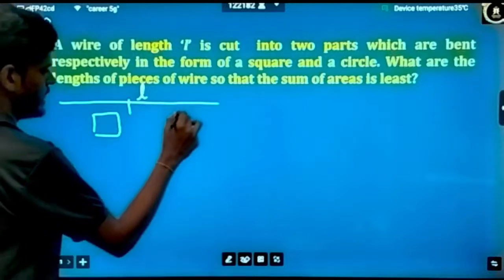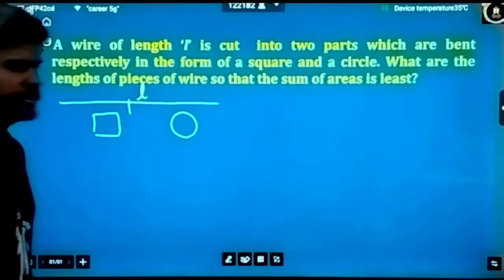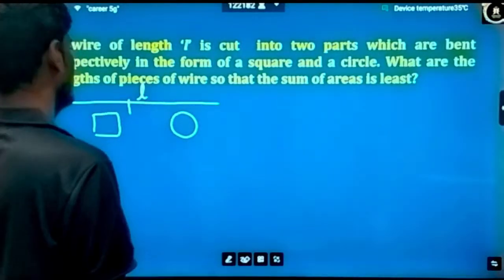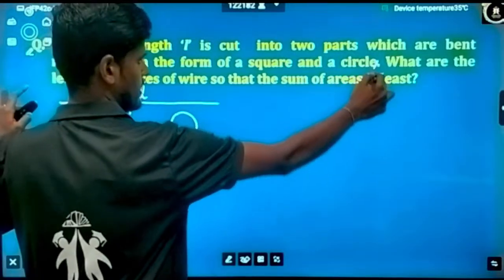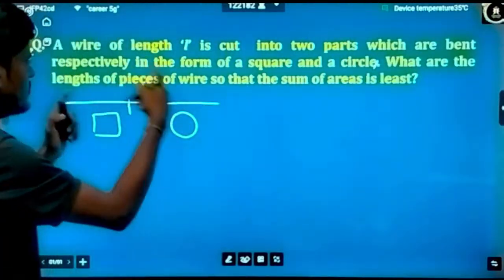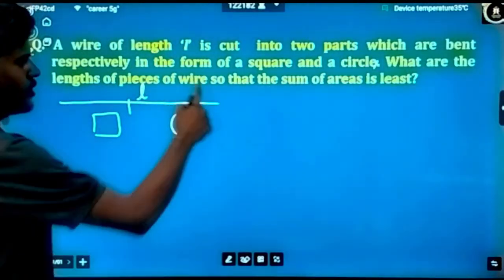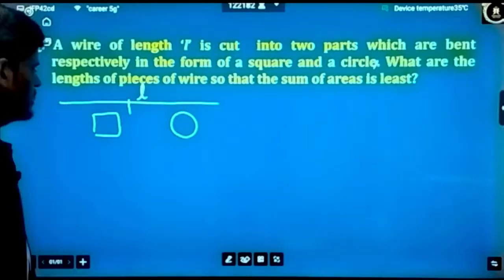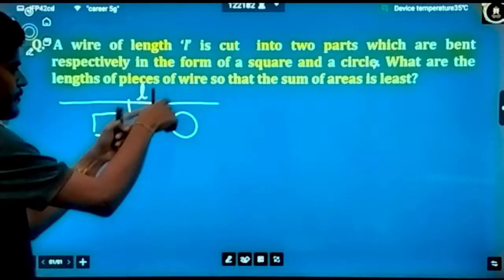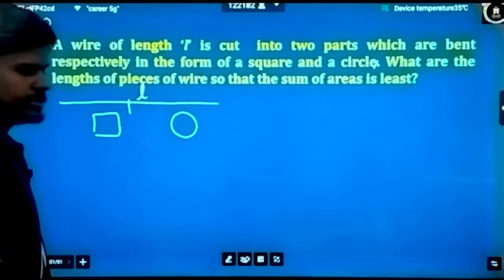We are making a square and a circular portion with this. Then what is given? We have read up to this. Next is, what are the lengths of pieces of wire so that the sum of areas is least. So we have to find the length of pieces of these shapes, square and circle.